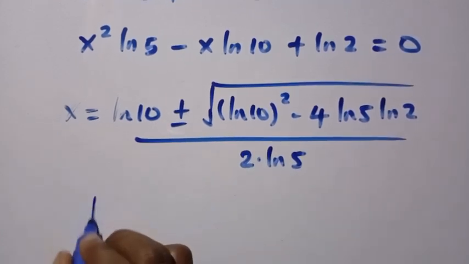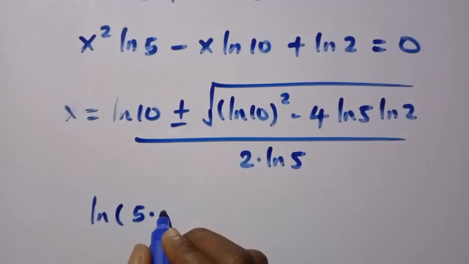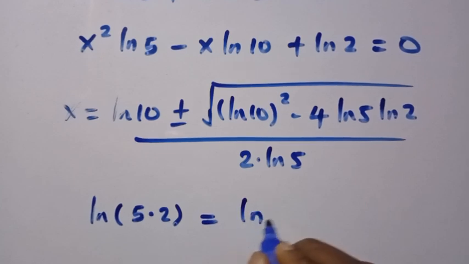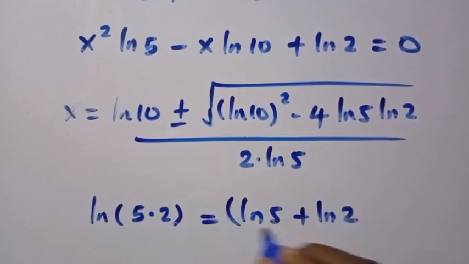Before, I wrote ln 10 as ln 5 times 2, which when we apply the rule of logarithm, we have ln 5 plus ln 2, then all squared.